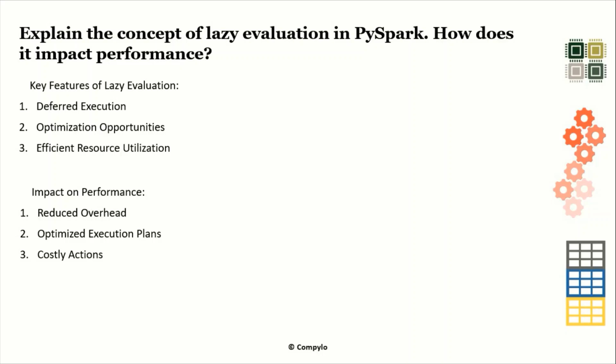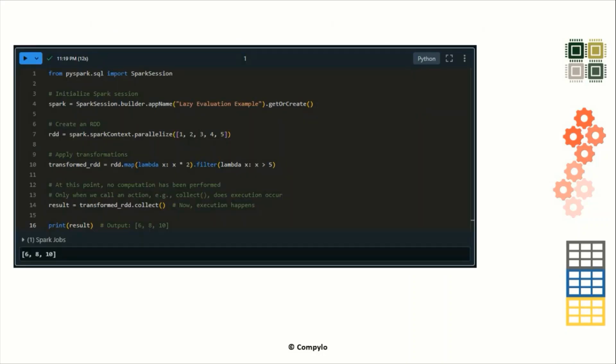Let's understand it using one example. In this example, the transformations on the RDD are not executed until the collect method is called. So if you see, we are calling the collect method in line number 14. This allows PySpark to optimize the operations.